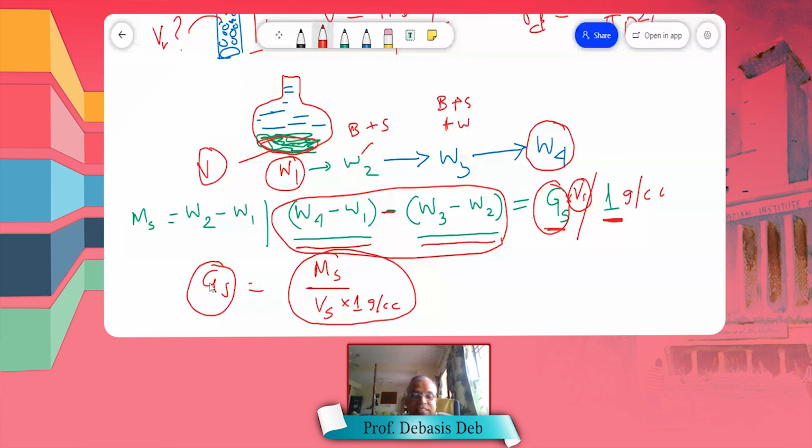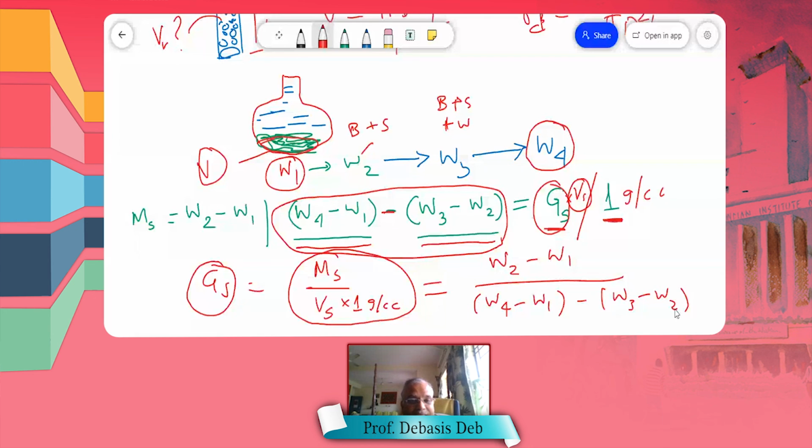And since it's 1 gram per cc, if you are measuring volume in cc and mass in gram, then it is directly W2 minus W1 by this entire thing, W4 minus W1 minus W3 minus W2. This directly will give you the Gs.